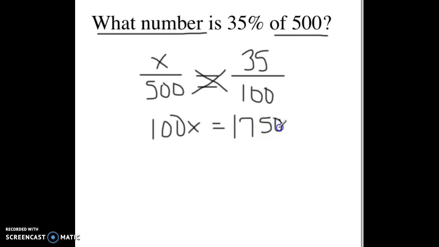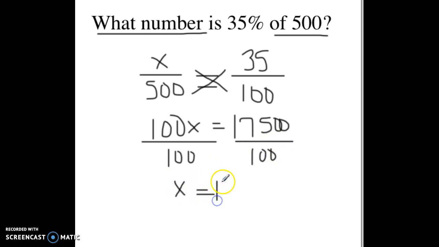And then I'm going to divide by 100. So as I divide by 100, I get x equals 175. So what this tells me is that 175 is 35% of 500.